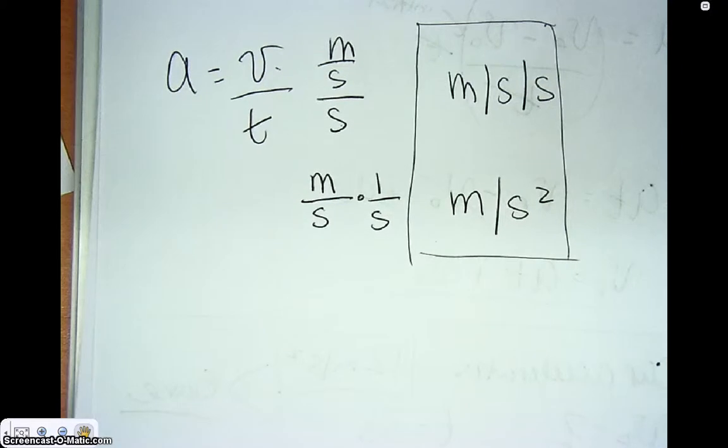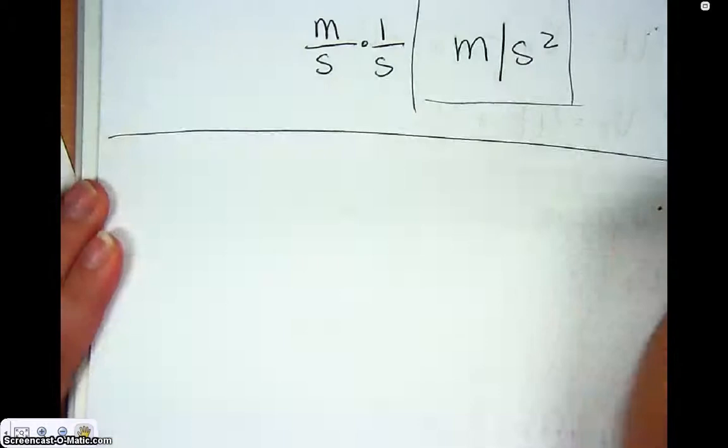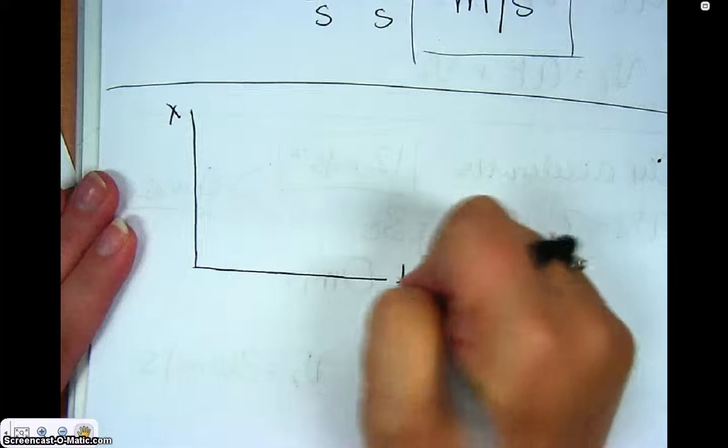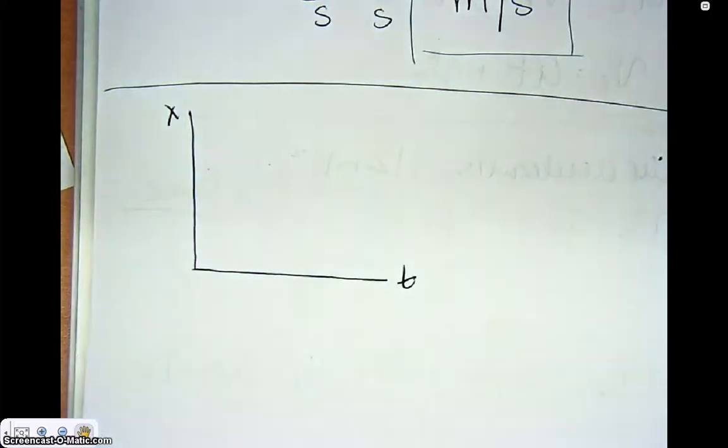Now the last thing that I want to talk about in the video is graphing. Okay, so I'm just going to do a brief graph. In the previous video we talked about a position versus time graph. And something that's going at a constant velocity, so its velocity is not changing over time, is going to have a constant slope.